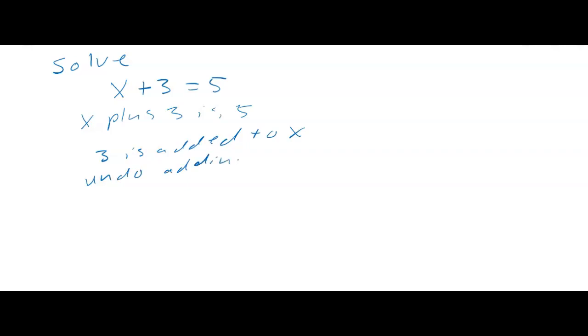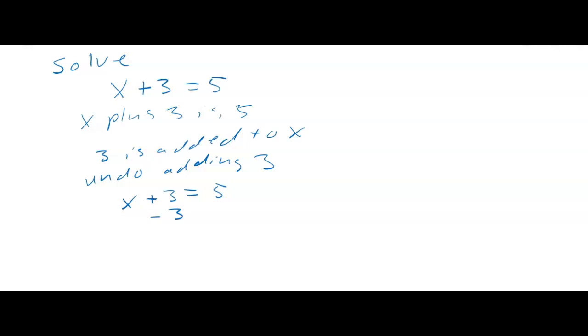So you want to undo adding 3. Now some of you, this is overkill, so you can fast forward the video, but how do I undo adding 3? Well, I don't want to add anything to x. I want x by itself. So if I have a positive 3 added to x, if I add the opposite of that, which is a negative 3, I'll get just x.